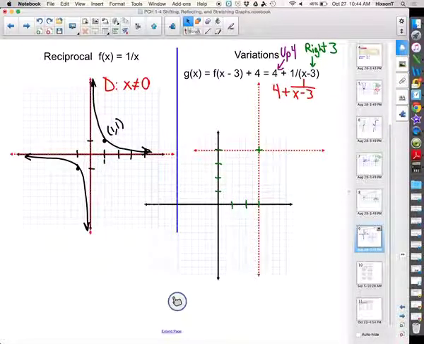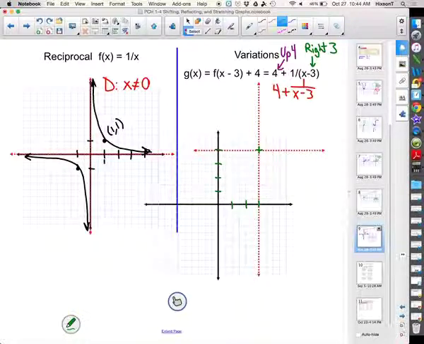Oh, that's right, I forgot I could move it. So now, think with me here. We had the point 1, 1. So I'm going to move from my shifted origin over 1 and up 1, and there's that new point. Okay? And if you think about it, 1, 1, if I move it to the right 3, I'm over 1, 2, 3, and then I move it up 4, 1, 2, 3, 4.